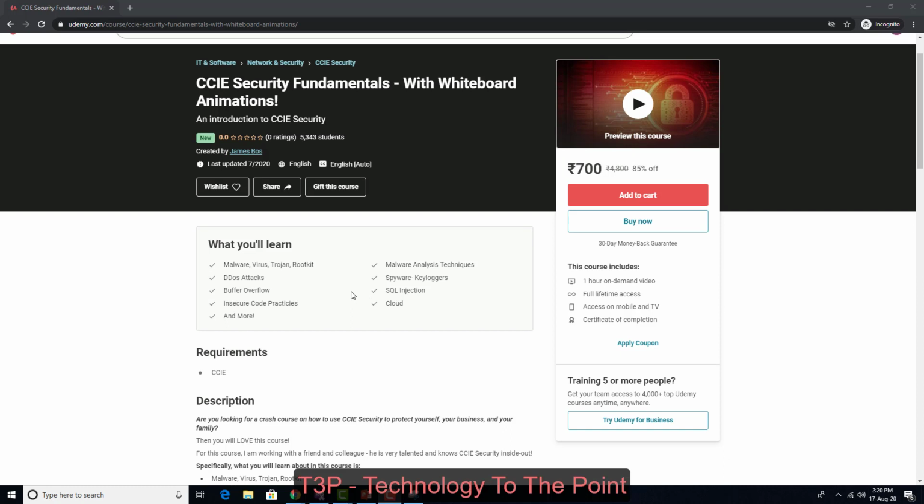And then in the learning part, you will get to know about malware, virus, and rootkit, then DDoS attacks, SQL injection attacks, malware analysis techniques, and also security inside the cloud.